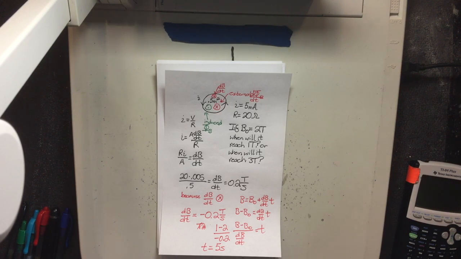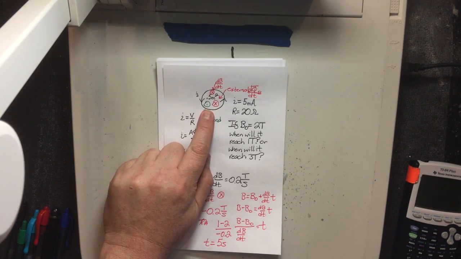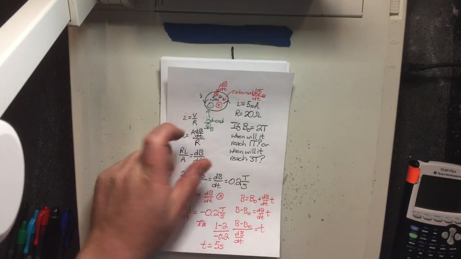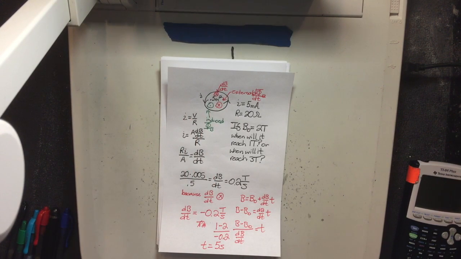Lenz's law states that the induced flux must be opposite of the external change in flux with respect to time. So if the induced flux is out, the external change must be in.